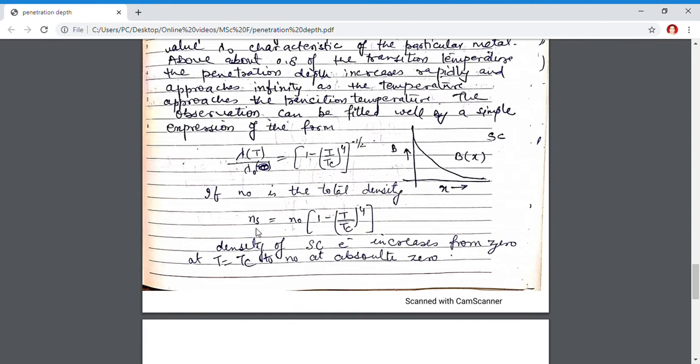The density of superconducting electrons depends on temperature according to the relation Ns equal to N0 times 1 minus T upon Tc raised to the power 4. Here Tc is the critical temperature, N0 is the density of electrons at absolute zero, and similarly lambda 0 is the London penetration depth at absolute zero.